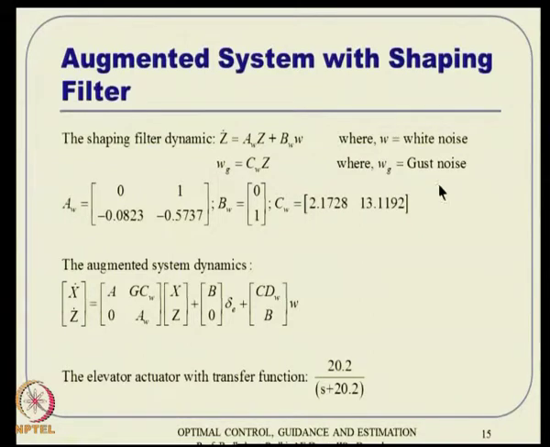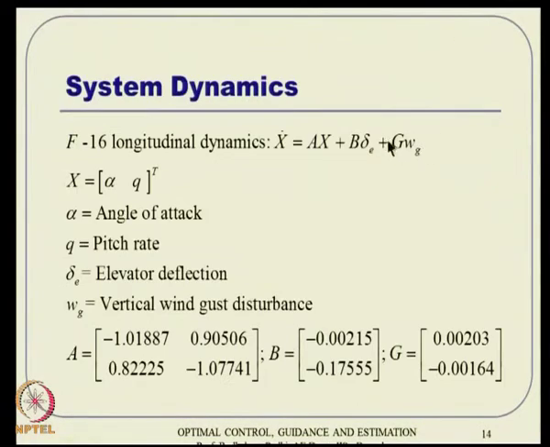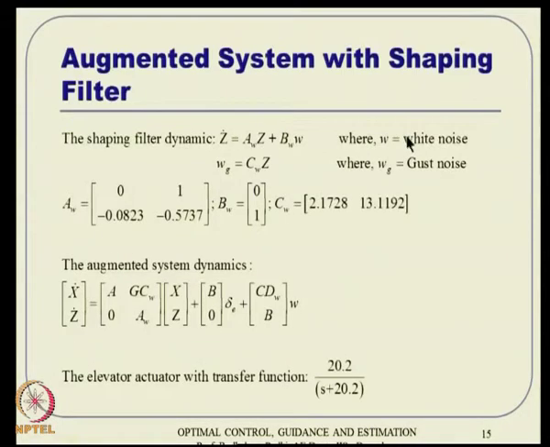Now, as I told, this wind gust is not white. So, how do you handle that? Kalman filter only talks about white noise. The way to handle it is something like a subsystem, which will be modeled as this system dynamics and this output equation together, and essentially it comes through a transfer function realization.